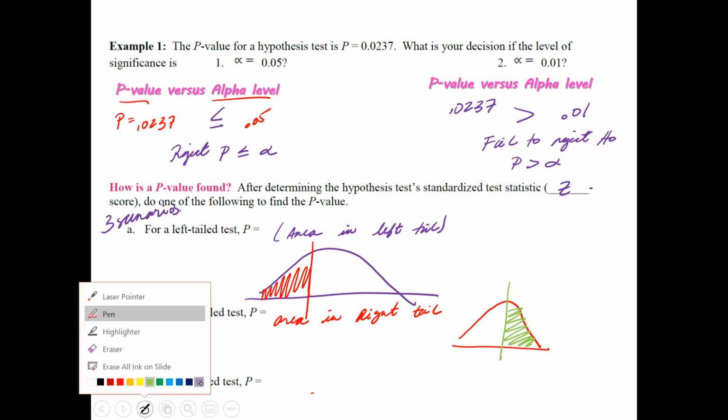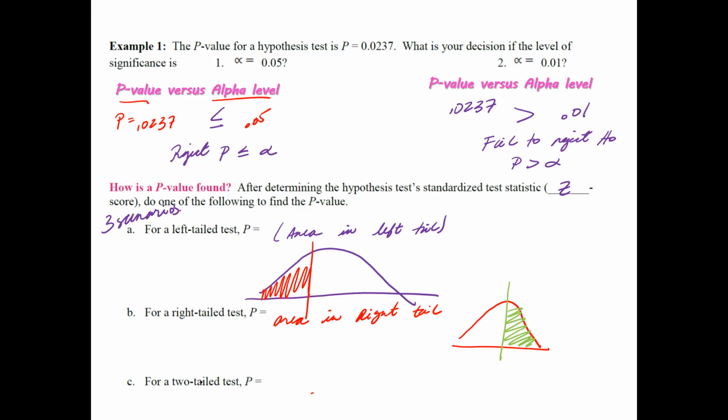And then, of course, for a two-tail test, p is the area of the tails of the z-score.